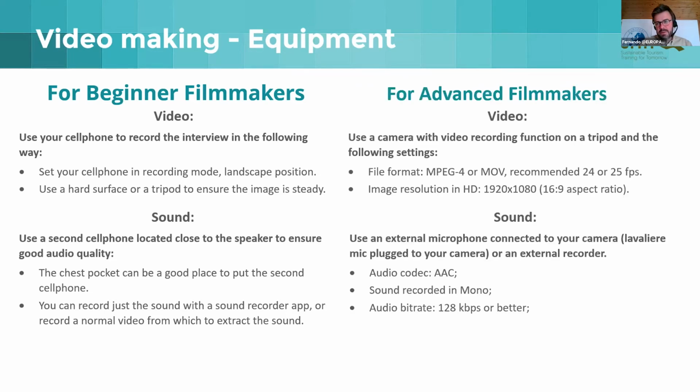For advanced filmmakers, well, I'm pretty sure that if you have used DSLR cameras, you probably know a bit more and know what to do. But recommended file formats, MPEG-4 or MOV, and we normally recommend as well 24 to 25 frames per second, okay?